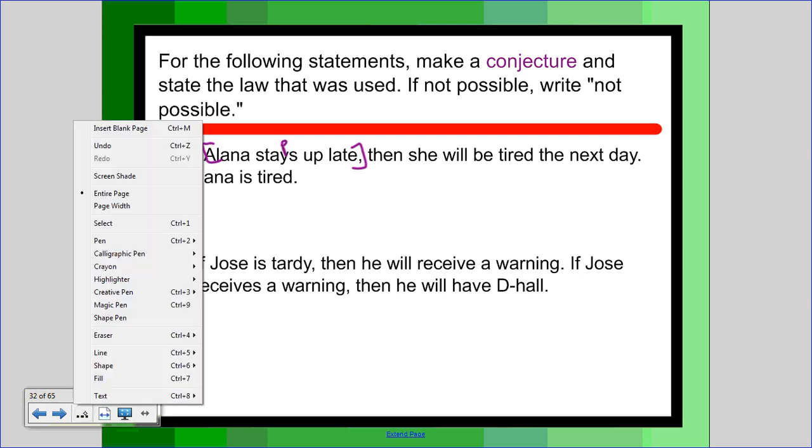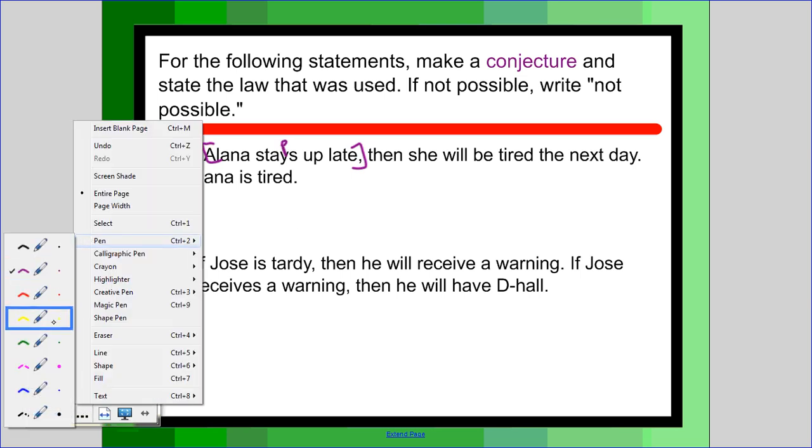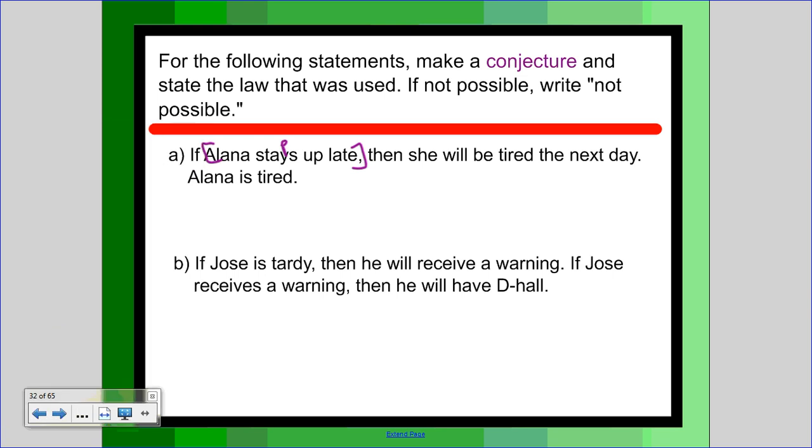Then we identify our conclusion, Q: she will be tired. Now, our second sentence is a specific sentence in regards to Alana being tired. When did we refer to her being tired? Was it in the hypothesis or was it in the conclusion? Tired came in the conclusion.